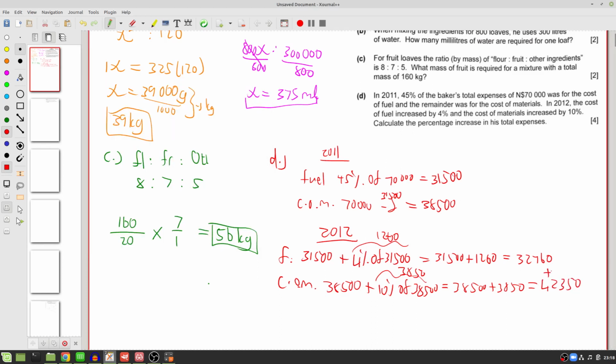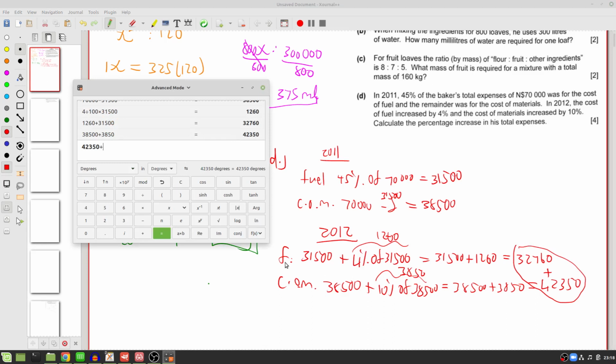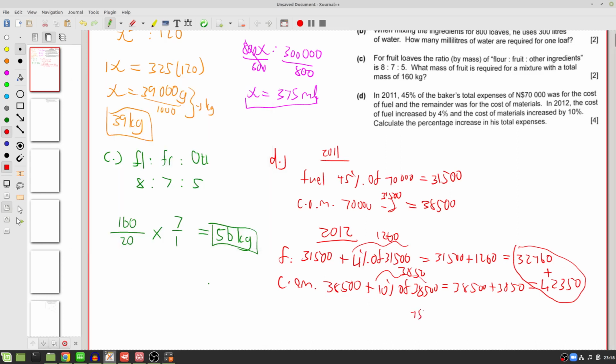Now let's add these two together to get the total value for 2012. If we add the cost of fuel, we get 75,110. That's the total cost for 2012.